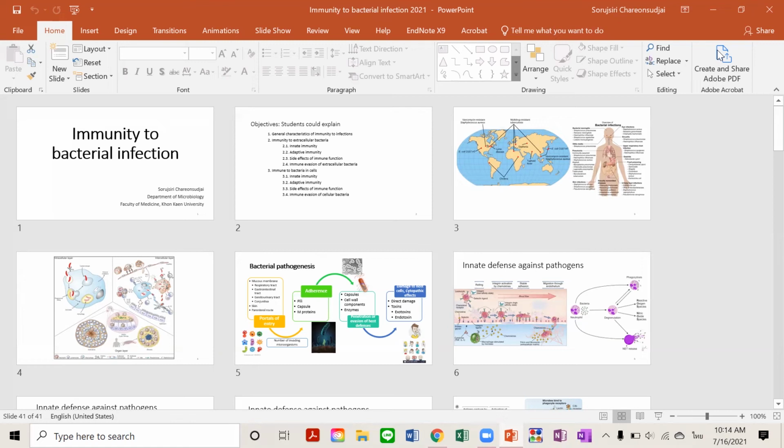Normally, neutrophils cause phagocytosis, right? Engulf, digest. But neutrophils can also release granules to destroy bacteria.